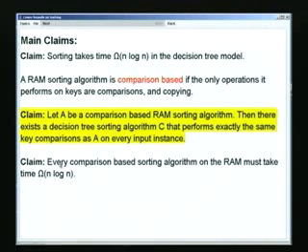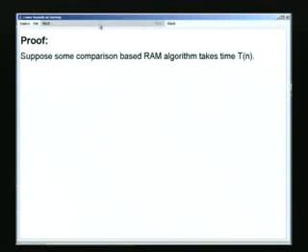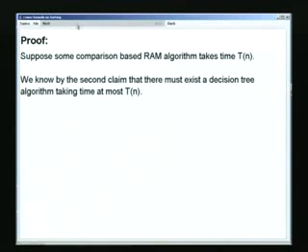So now I want to argue that every comparison based sorting algorithm on the RAM must take time n log n. But this is actually fairly straightforward. So suppose some comparison based RAM algorithm takes time t of n. What do we know about comparison based RAM algorithms?